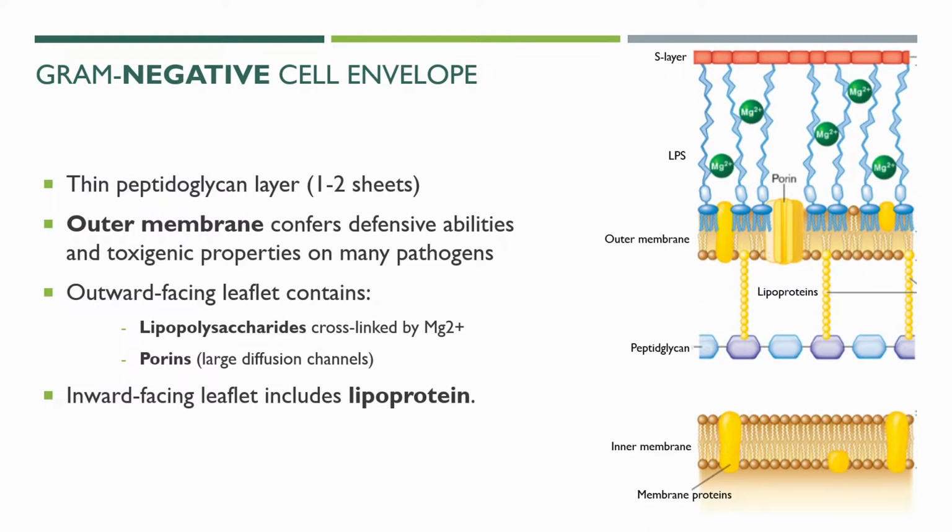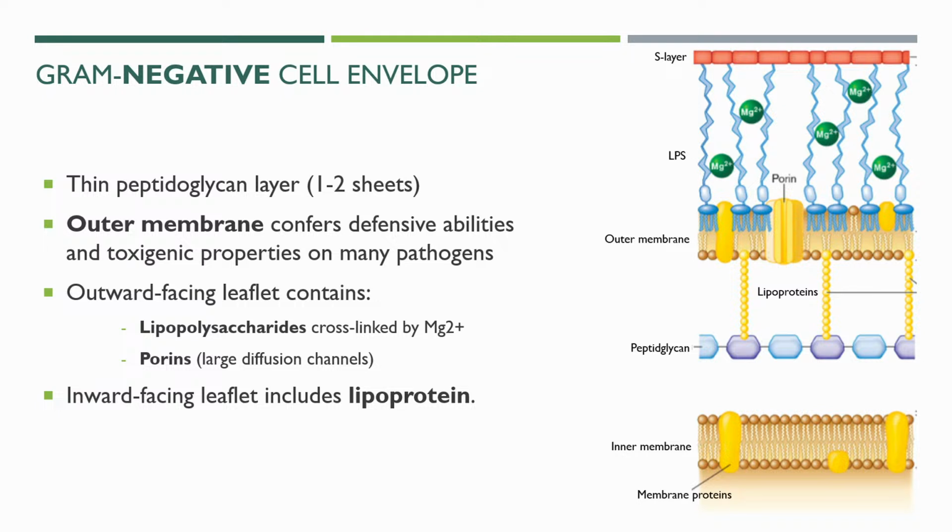Gram-negative cell envelope: thin peptidoglycan layer. There's this outer membrane that will confer additional defensive abilities. And another thing that I want to mention is that there's this outward facing leaflet, this LPS layer, made up of lipopolysaccharides or LPS, and some porins.